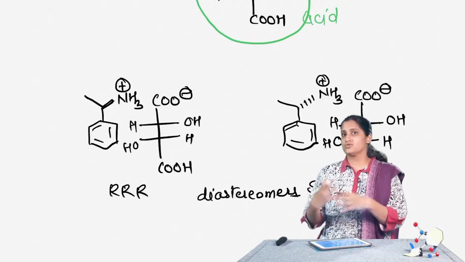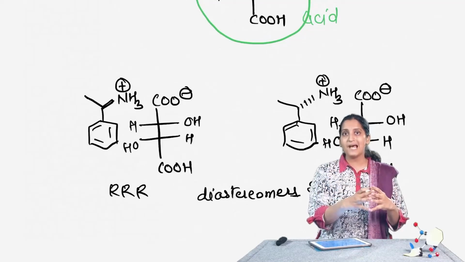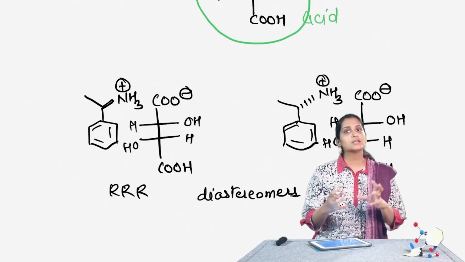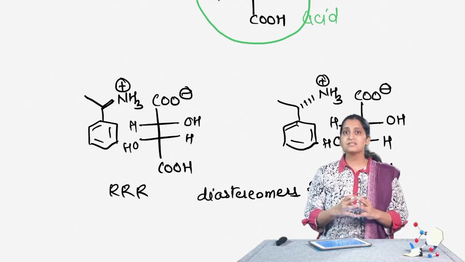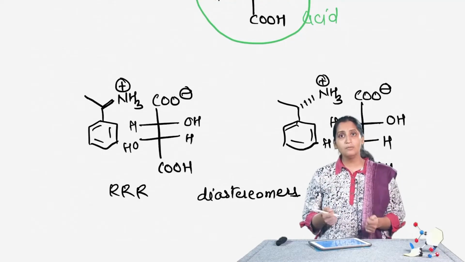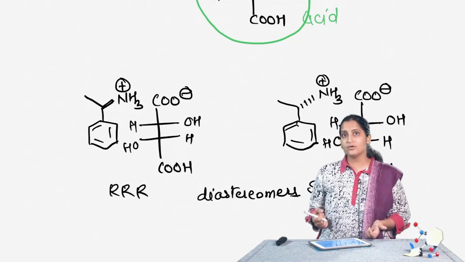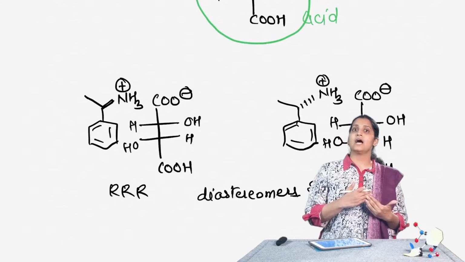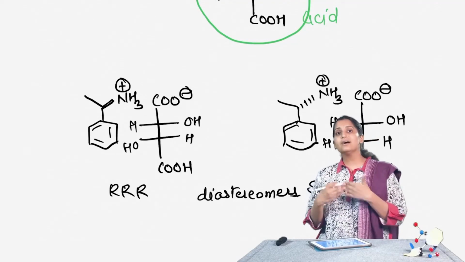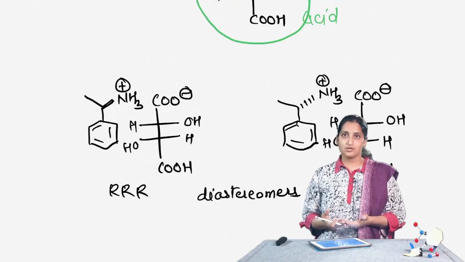So, as I mix these two into a conical flask and I keep these things together, what happens is, because they have different solubilities, because their properties are now different, one of them will start forming crystals, whereas the other one will stay in the solution. Okay.